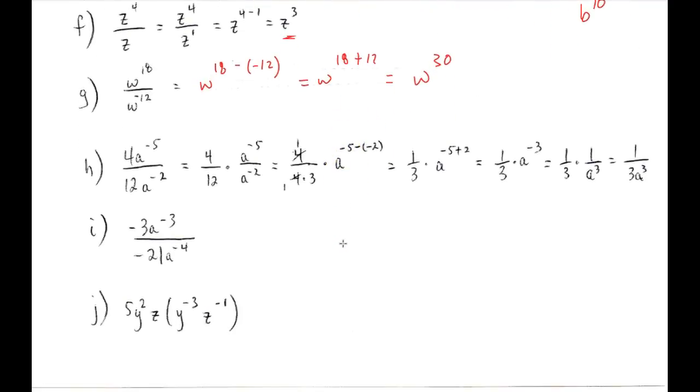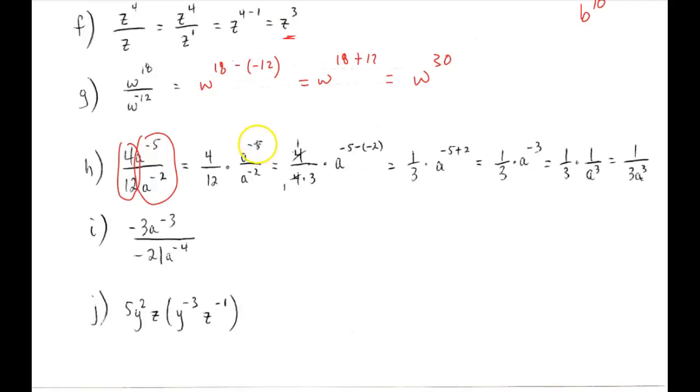For h, we see that when we are dividing these two exponentials, we separate the 4/12 along with the a raised to the negative 5th and a raised to the negative 2 powers. So for 4 divided by 12, we know that simplifies to 1/3.